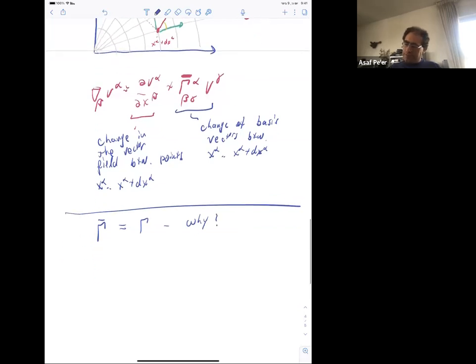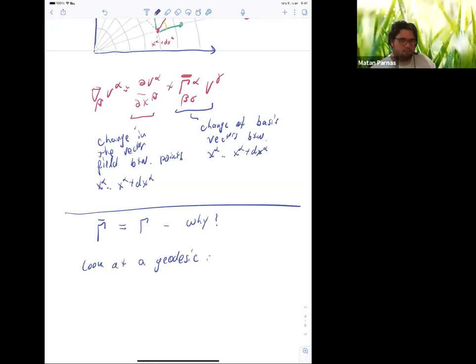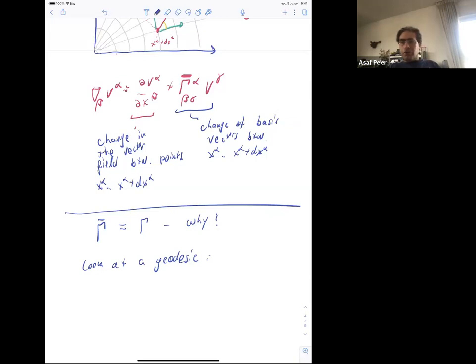What is a geodesic? In Euclidean space, in flat space, a straight line. Essentially, this is the curve of minimal distance between points.